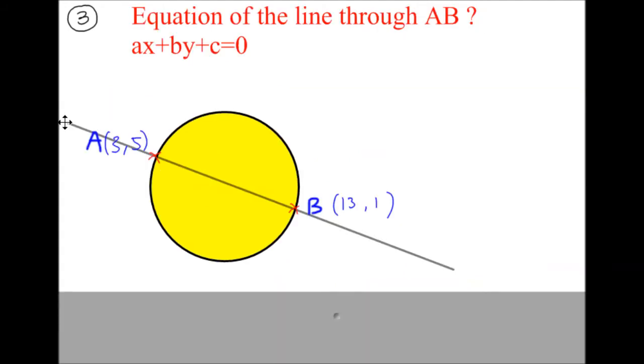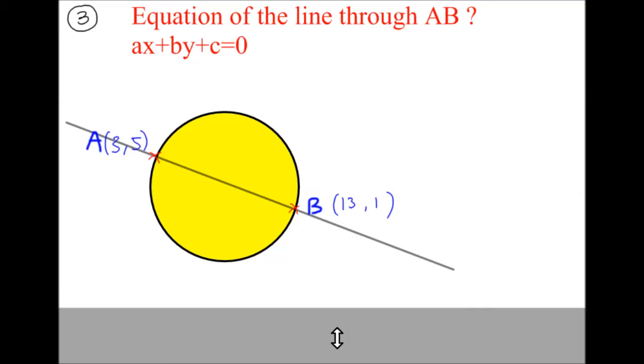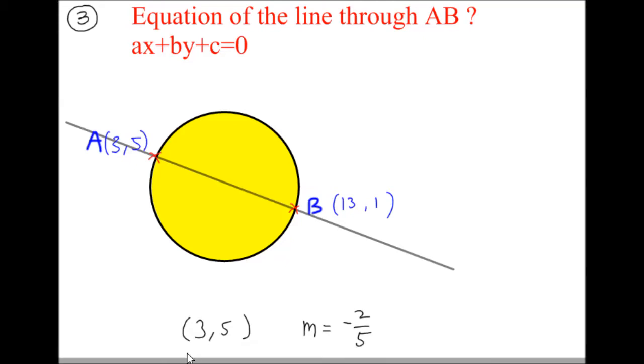To work out the equation of the line that goes through AB, and AB was the diameter of the circle, so this line here is a normal to the circle, we need the coordinates of any one point on the line. So we can use the point A or B or even the midpoint.